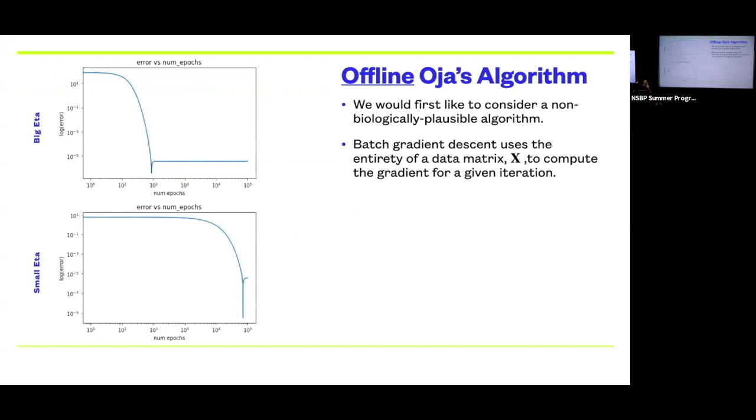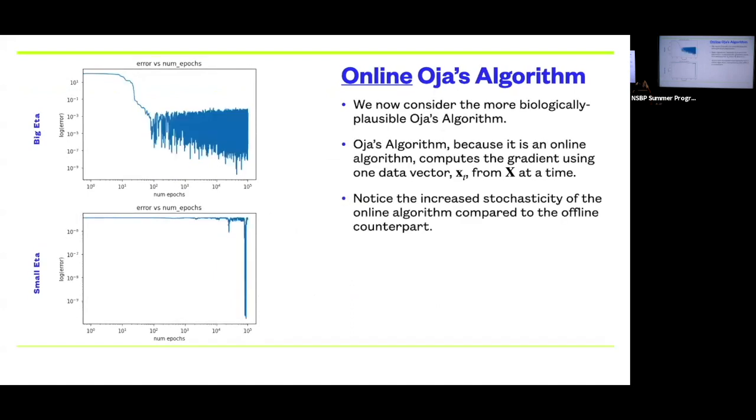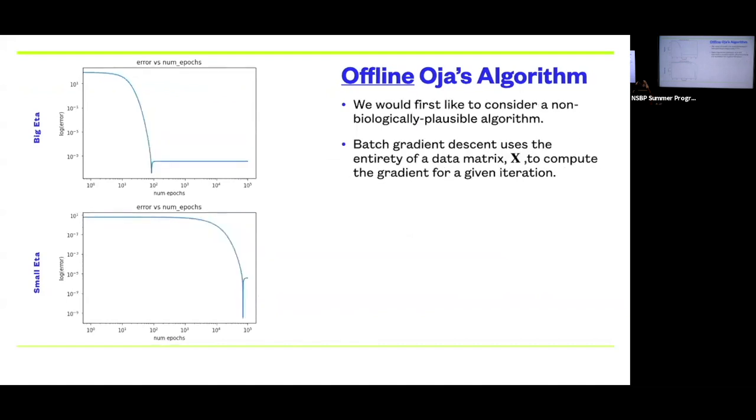And so we looked at the offline version of this algorithm, which, as you can see, compared to the online version, has less stochasticity. This version here is, as we said, not very biologically plausible because it's an offline algorithm and we don't believe the brain works in batches.